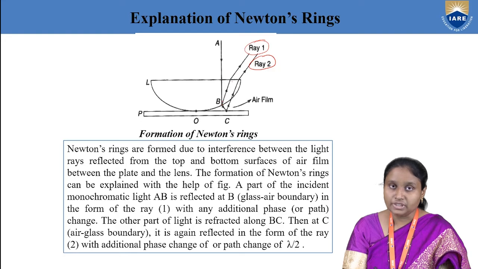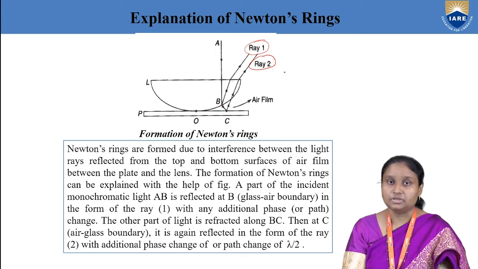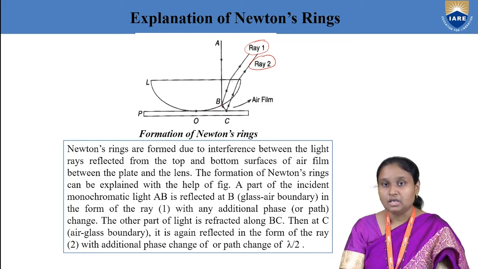And at the same point B, light is also transmitted through the air film, strikes the top surface of the plain glass plate, gets reflected again, passes through the lens, and comes out as ray 2. So because of interference between ray 1 and ray 2, we are going to get the interference pattern.